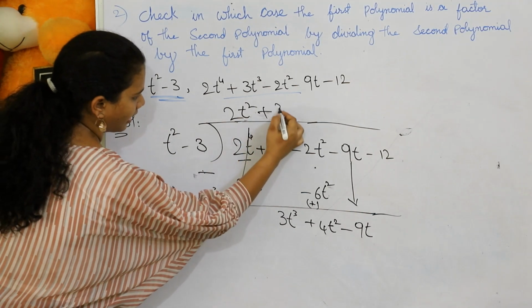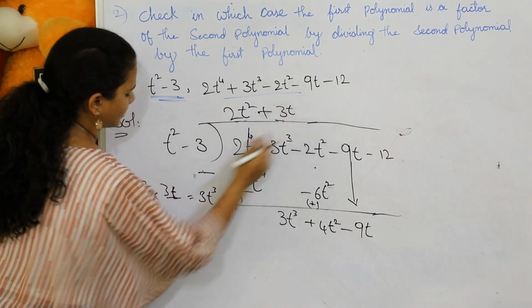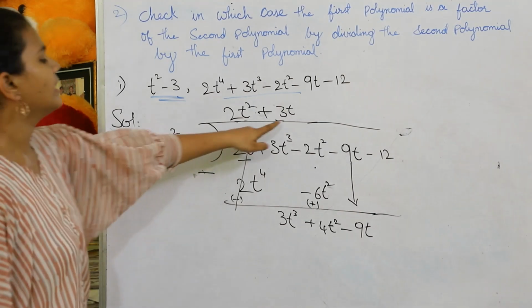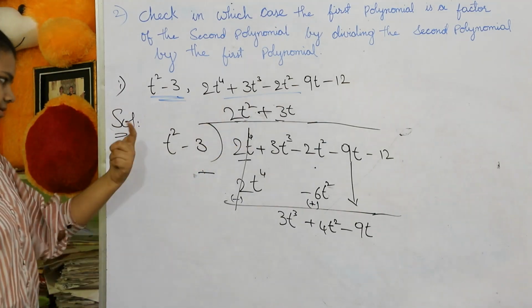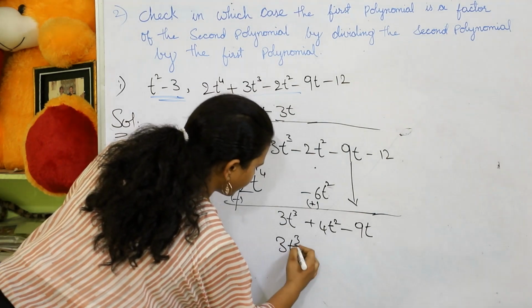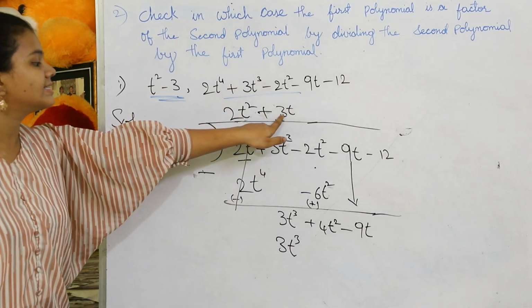So that's what I would go for, plus 3t. Write 3t over here. Now what happens? Here 3t into t square, this gives 3t cube, and again here you have plus 3t.